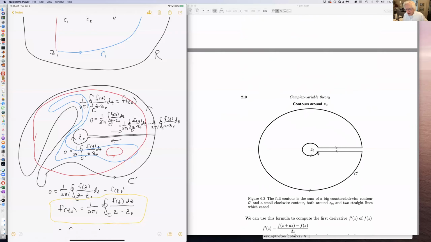Apart from that region, the function's analytic, and the plane apart from that region is simply connected, and so we can shrink this contour back to the origin, and that's described here, where we start out with a red contour, and then we shrink that red contour.